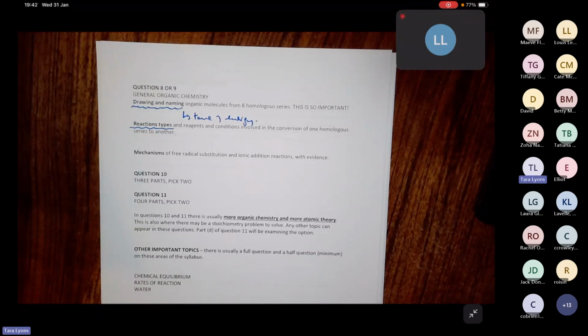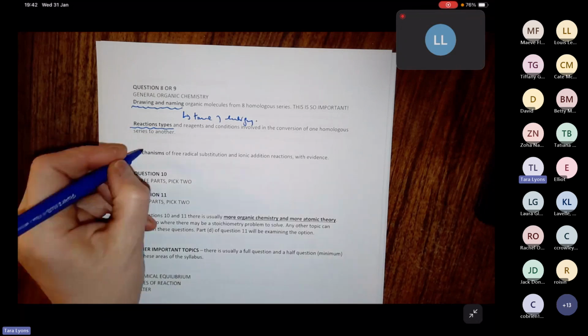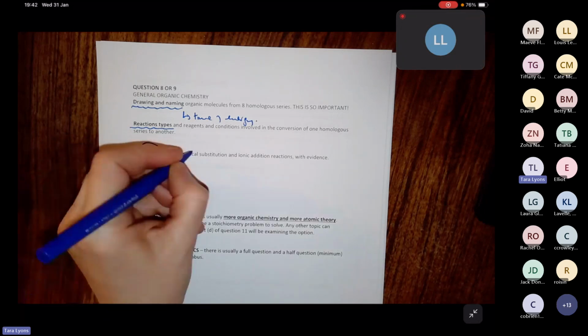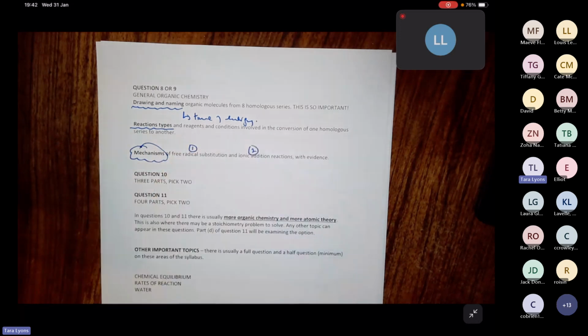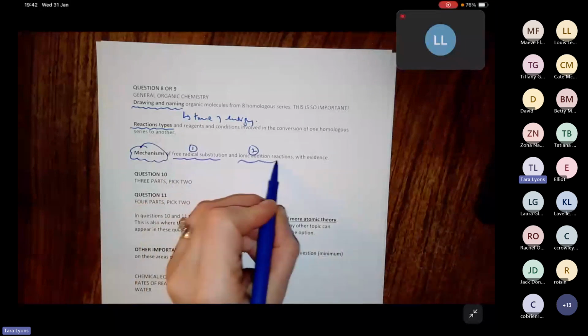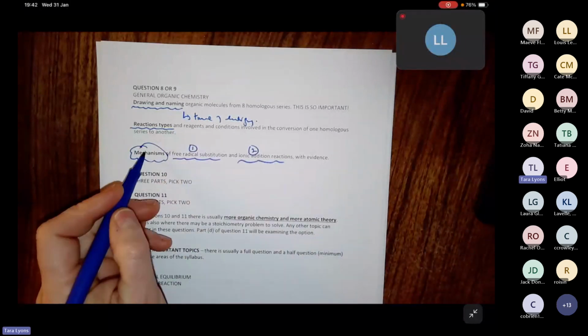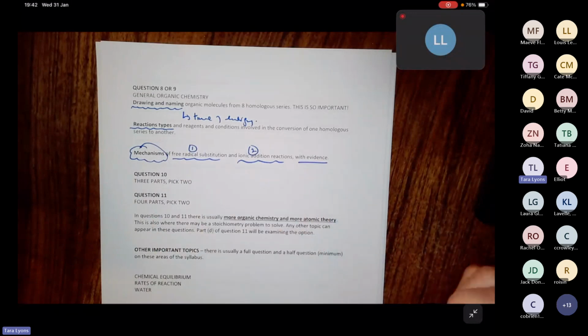Now, there's 2 reaction types that we have to know mechanisms for, and that is free radical substitution and ionic addition. They're not going to ask you a mechanism for any other reaction type, so just those 2. And we have to know the mechanisms and we have to know the evidence. So maybe you've done the mechanism for free radical substitution.